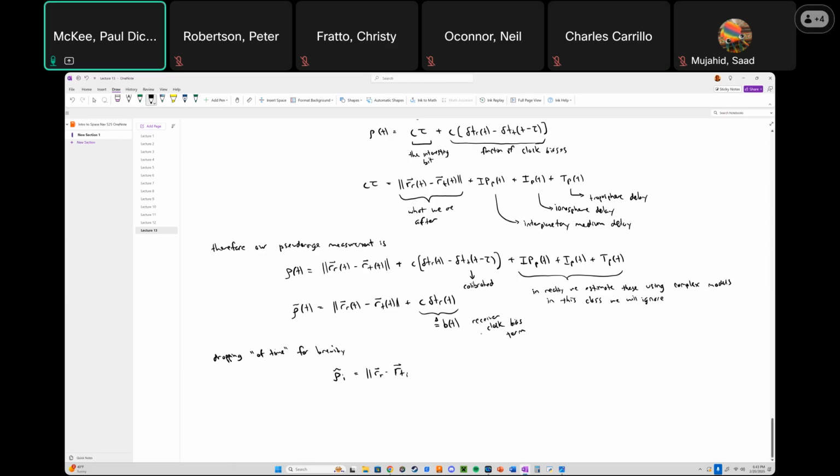This is the ith transmitter, plus B. Or you could think of this as the square root of RR minus RTI transpose times RR minus RTI, plus B.